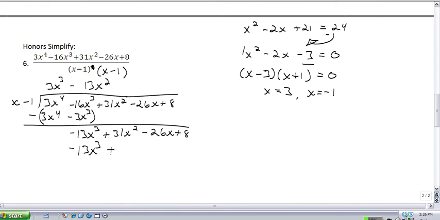So plus 13x squared. This minus times a minus gave me a plus here. Okay, so I have to subtract that. So 31x squared take away 13x squared is 18x squared.